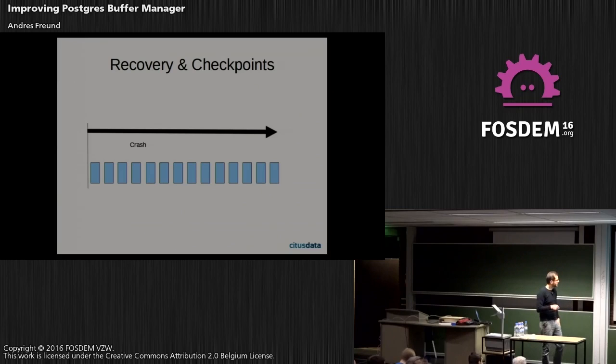And if you crash, we just read that log and redo everything. We store those in small sequential files, and if we crash, we just start at the beginning and read all the logs and replay them.